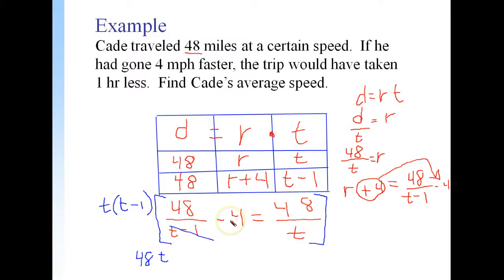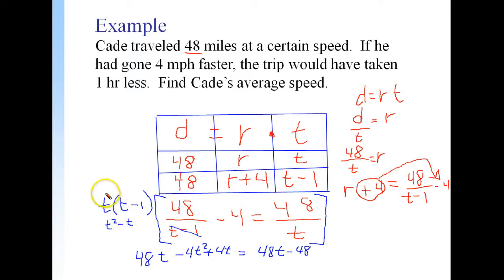Now here, I was writing with my mouse and I tried to get my pen working. I have it working now. So here, this is our common denominator, and we're going to cancel this out with this, and we're just going to go t times 48, which is 48t.